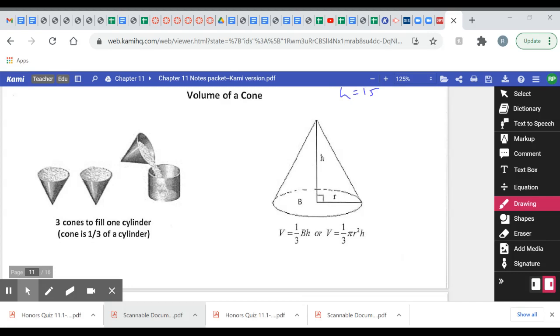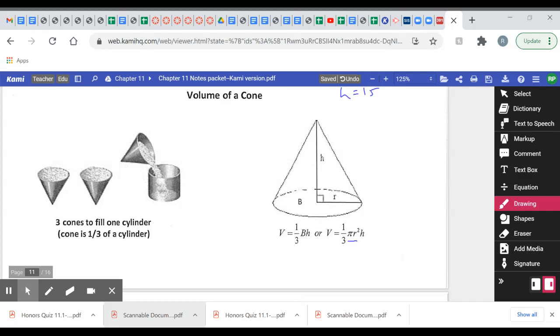So that's where the 1/3 comes into play. Again, technically for a cone, it's 1/3 area of the base times height. But since the base is always a circle, that's why pi r squared is plugged in for the area of the base to make it more specific for a cone.